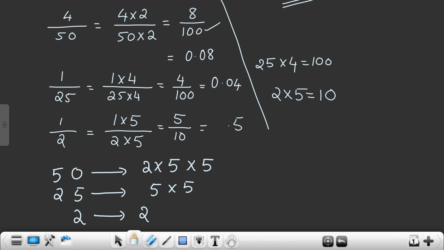That is, the fractions in which 2 or 5 only, or both 2 and 5 are the prime factors of the denominators, can be converted into decimal form. For 50, the factors are 2 and 5; for 25, 5 only; for 2, 2 only. So we can convert these denominators into powers of 10.